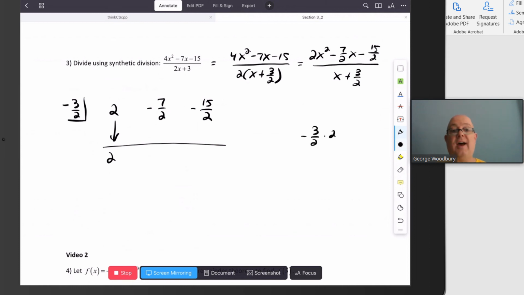You want to think of the 2 as if it's 2 over 1. -3 halves times 2 is -6 halves, or -3. -6 halves might be better here because I'm about to add it to a fraction that has a denominator of 2. So -7 halves minus 3, I can think of that as minus 6 over 2. That's -13 halves.